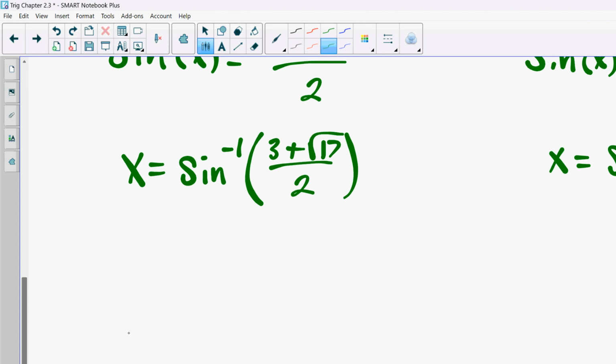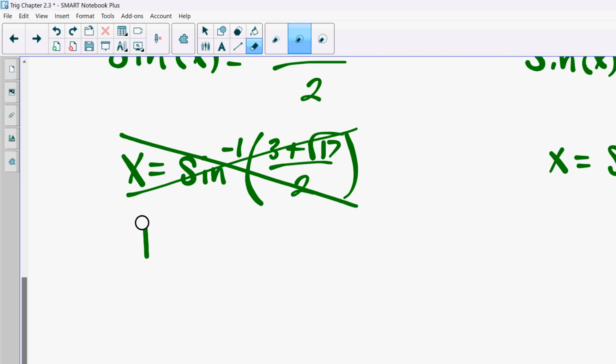So this one here doesn't work because the value is too big. This 3 plus the square root of 17 over 2 is going to be a number bigger than 1. So this one doesn't work.